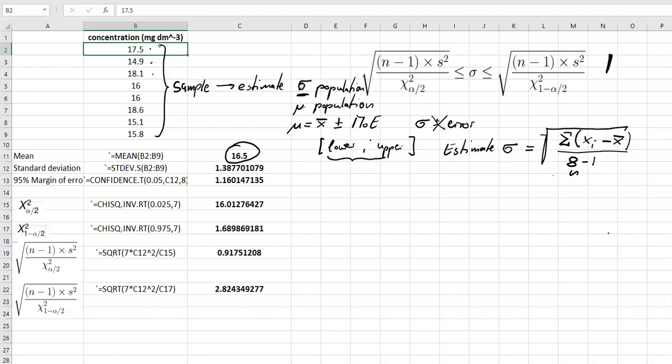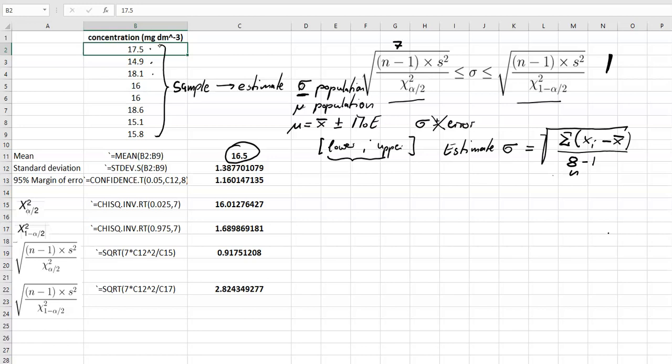And what we need to do now is find these lower and upper bounds, and for that we use this monster of an equation that we have. Actually it is not that bad, because what we are looking for is simply our number of observations minus 1, so that would be 7.